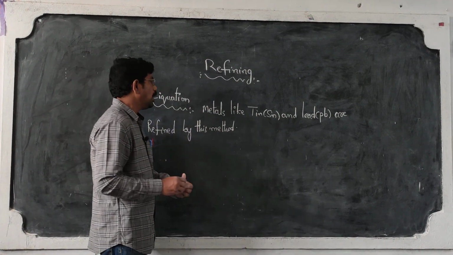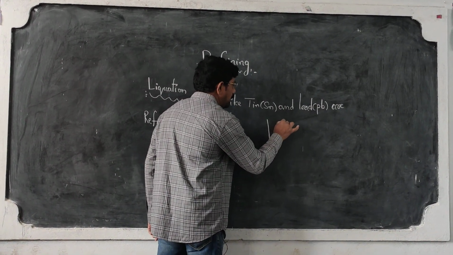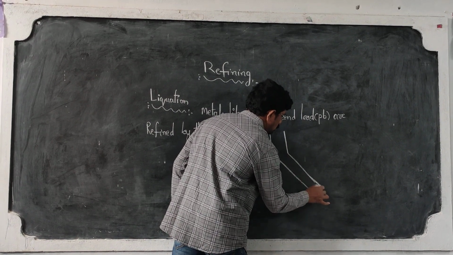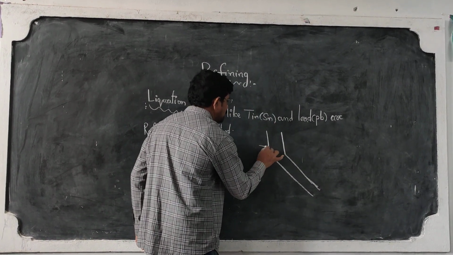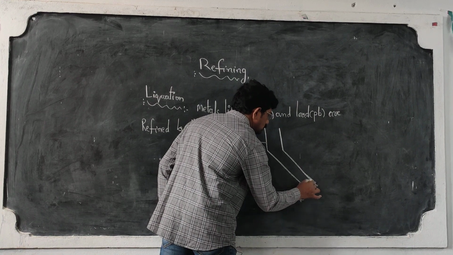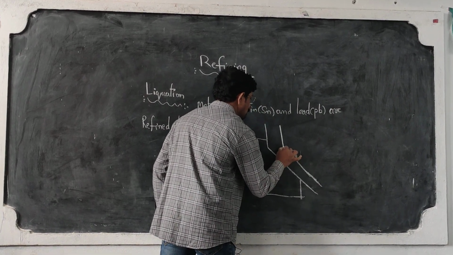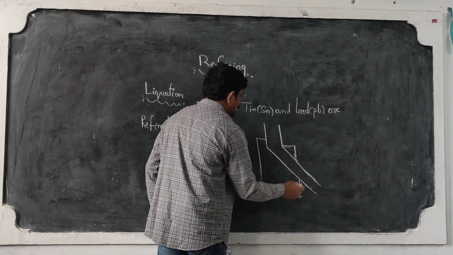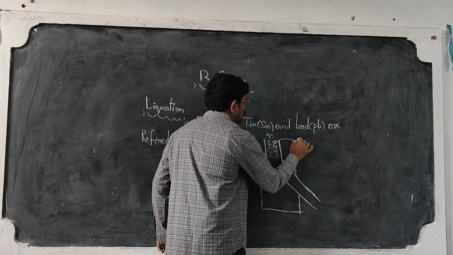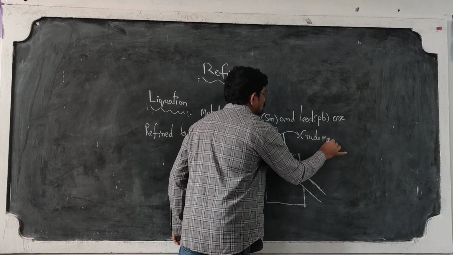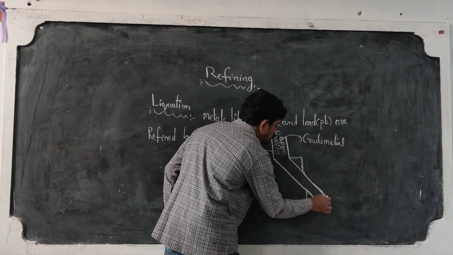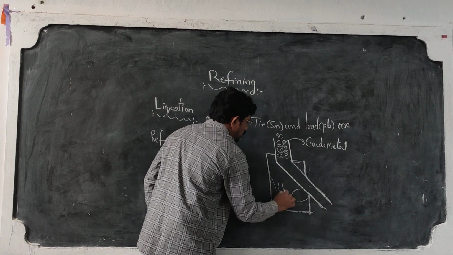In this method, we take the crude metal and allow it to pass over a sloping surface which is heated with the help of a furnace.